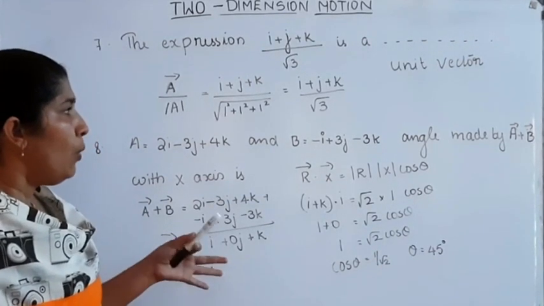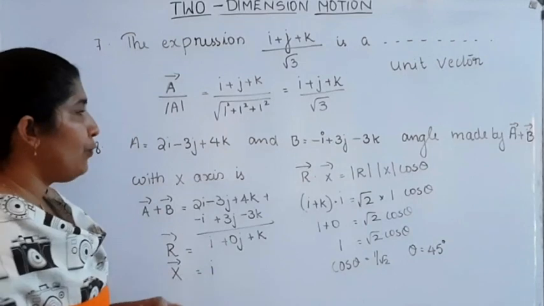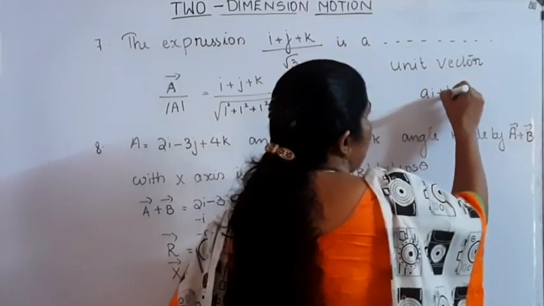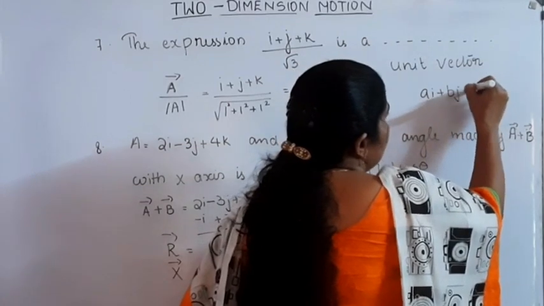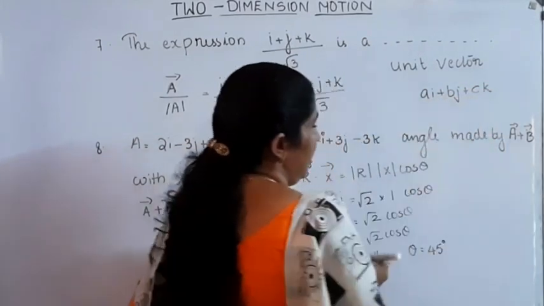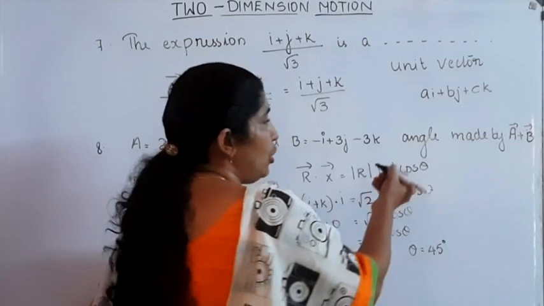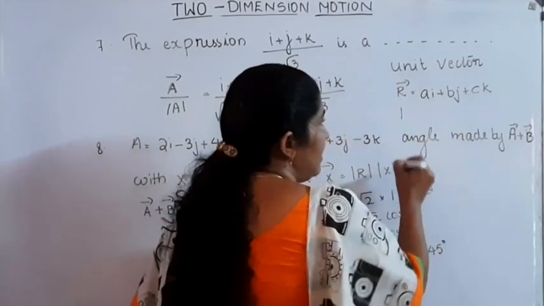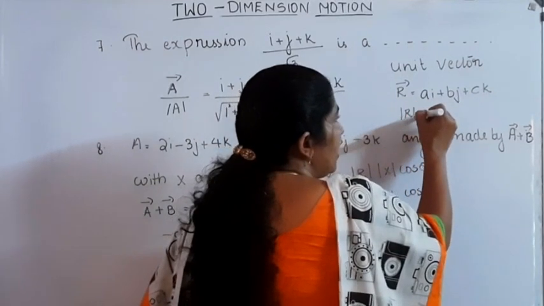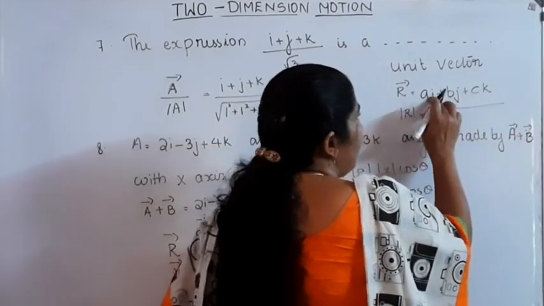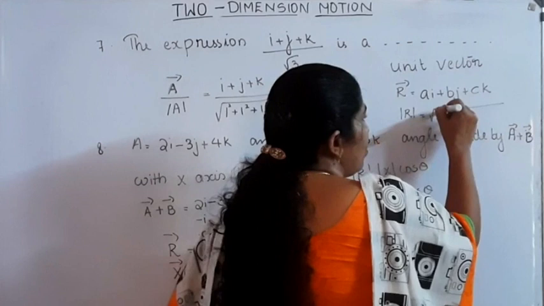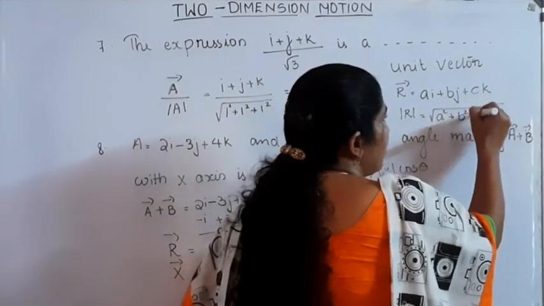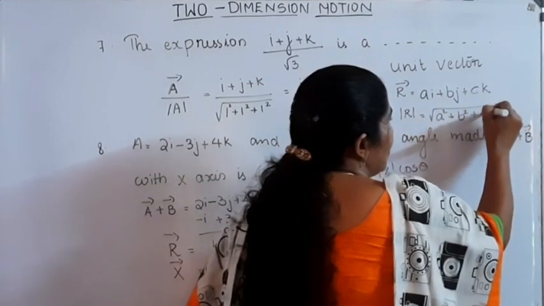Okay. Modulus can be found by using the formula. If a i plus b j plus c k is the vector, then the magnitude of vector r is equal to root of coefficient of i, that is a square, plus coefficient of j, that is b square, plus coefficient of k, c square.